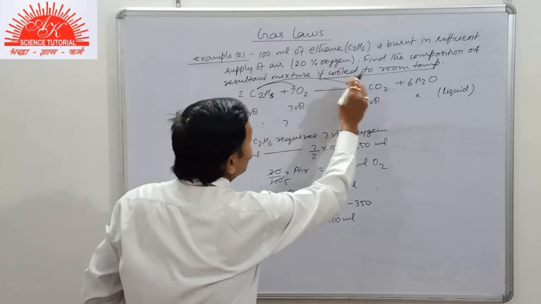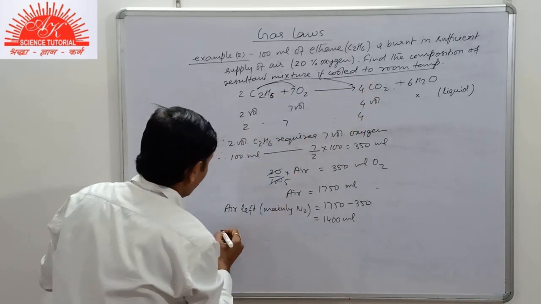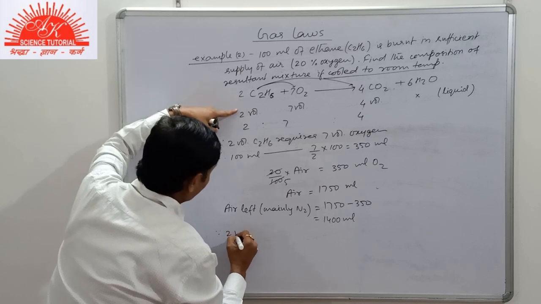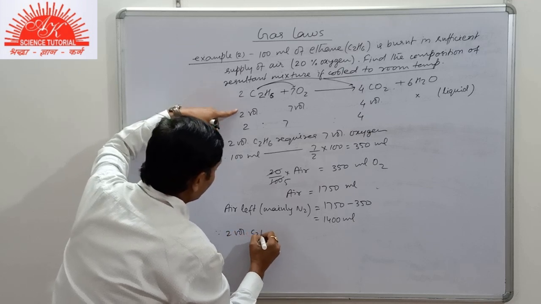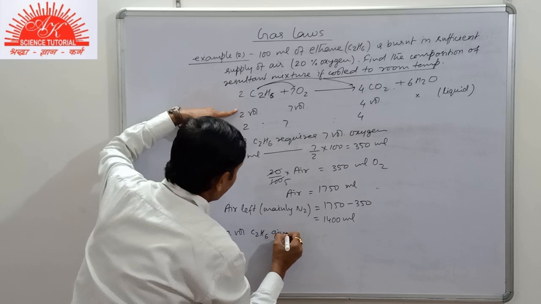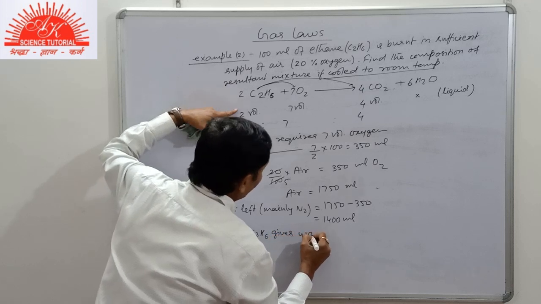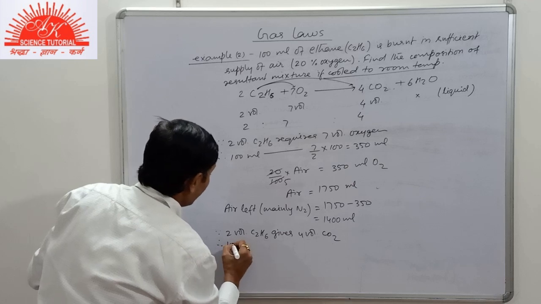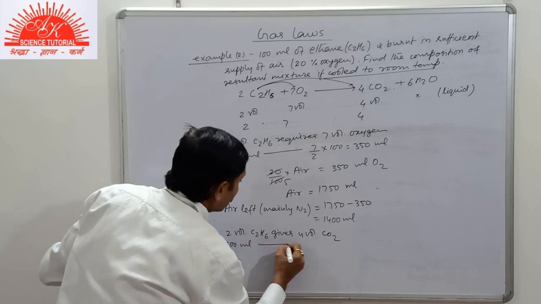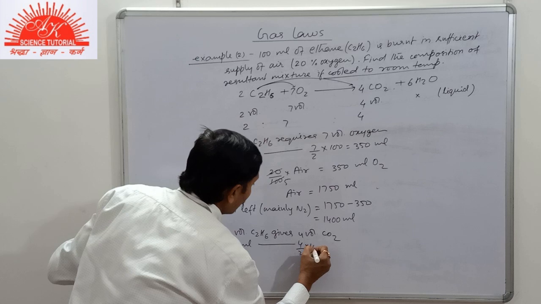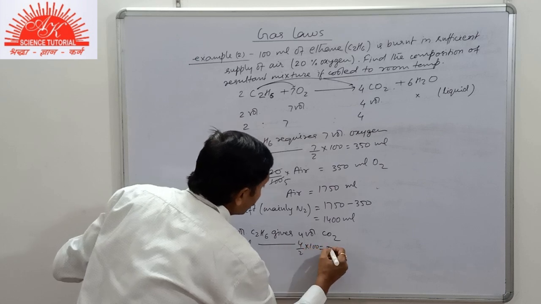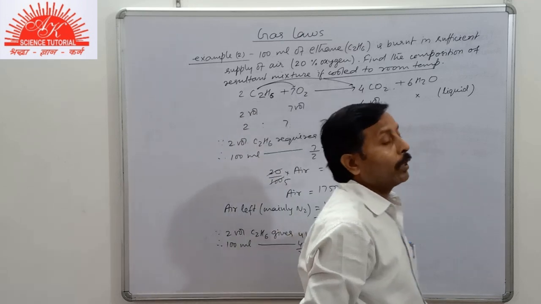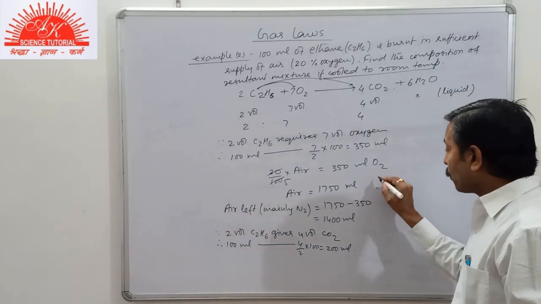Now, go for the second part, that is the product. Since 2 volume ethane gives 4 volume CO2, therefore 100 ml ethane gives 4 by 2 into 100, that is 200 ml. So, we have also calculated the volume of the product.